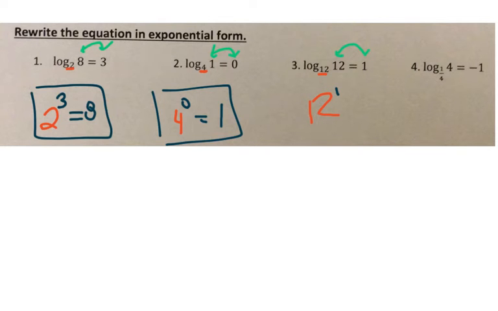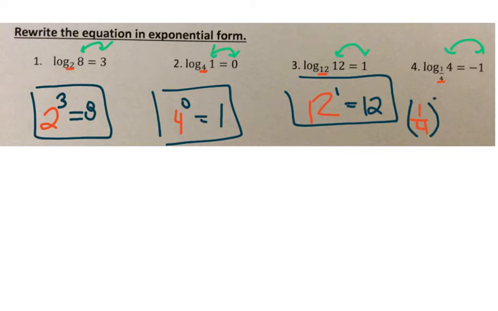So I get 12 to the first equals 12. And then the last one, 1/4. It's the base of our log, so it is the base of our exponent, and then we switch the next two. So instead of 1/4 to the fourth, it's going to be 1/4 to the negative 1 equals 4.